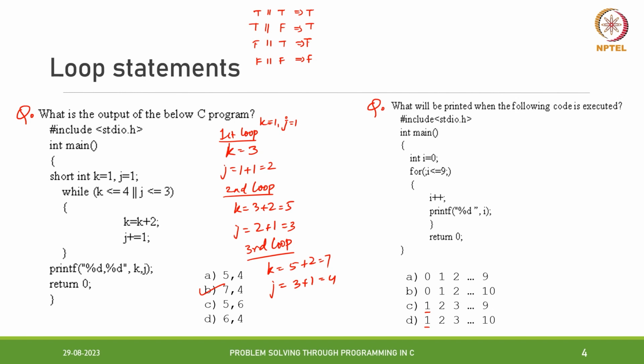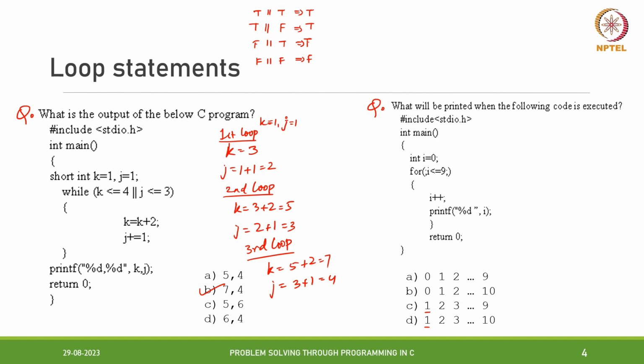Sir, before that we initialize I equal to 0, so it will print from 0. No, it will not print from 0, because I plus plus is the only thing that is there in this line. Because you are met with a semicolon right here, so the statement ends here. If there was something else written before the semicolon, then it would have done that operation.